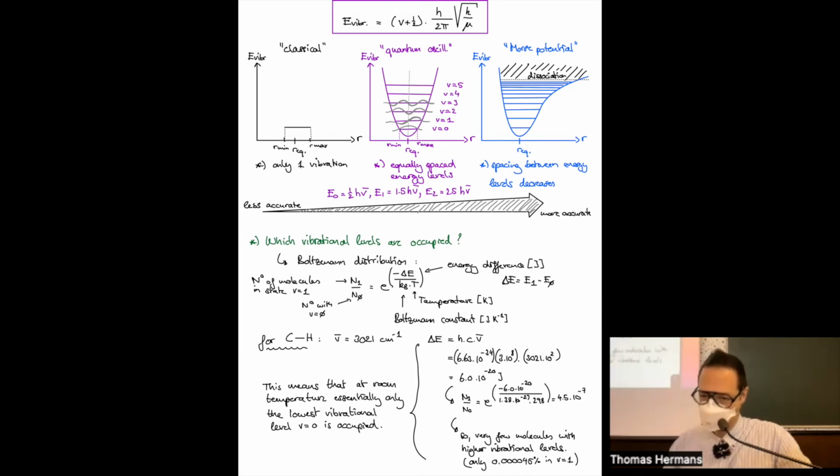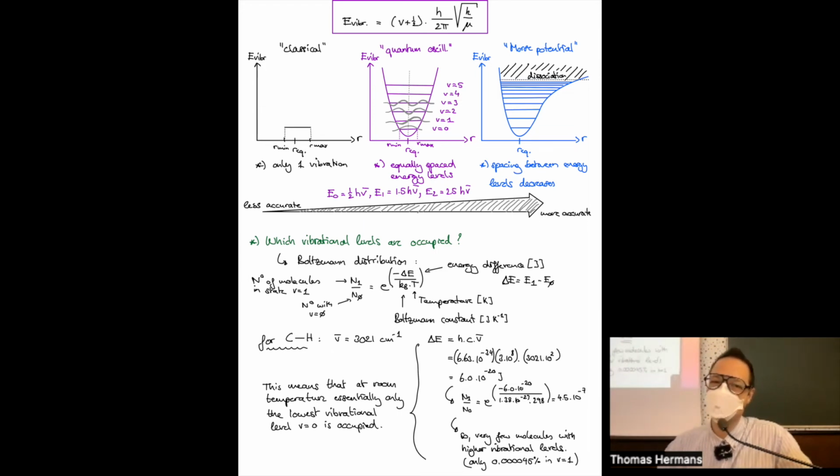At room temperature, if you convert this to percentage, only 0.00045% is in. So it's the same as for electronic states.